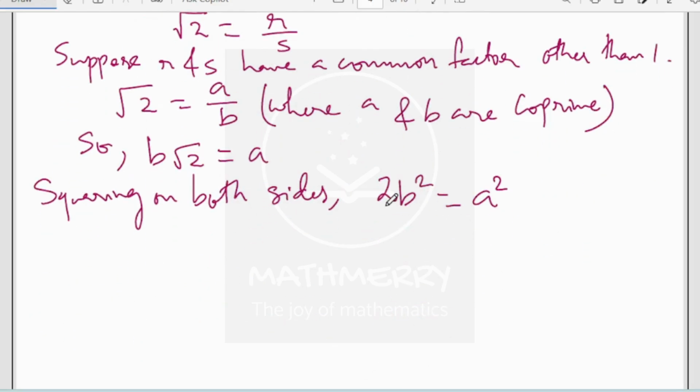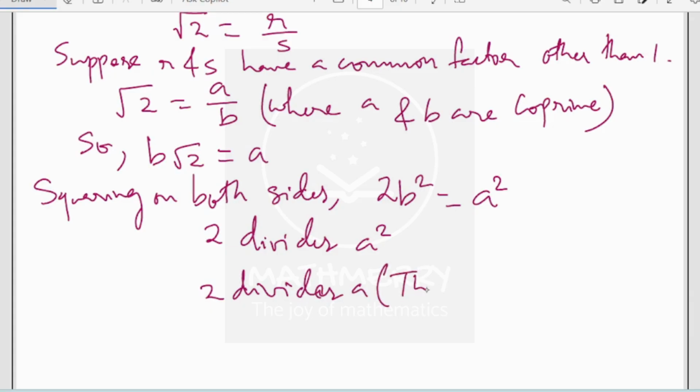This means 2B square is equal to A square, that means 2 can divide A square, right? So we write 2 divides A square. So we can also say that 2 divides A by theorem 1.3.